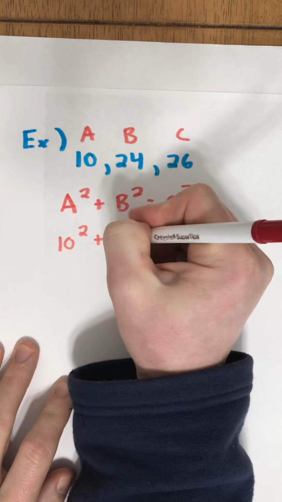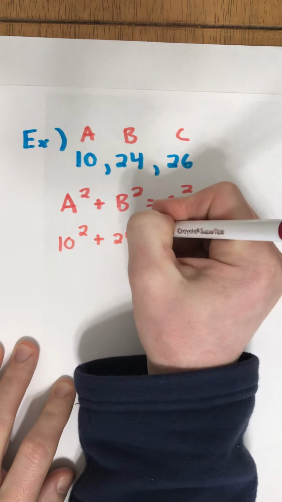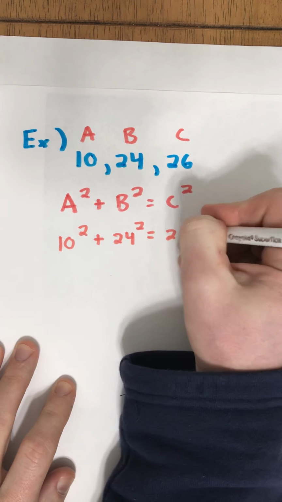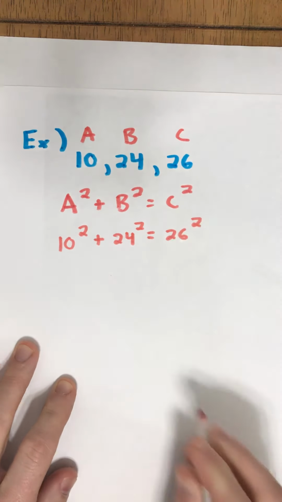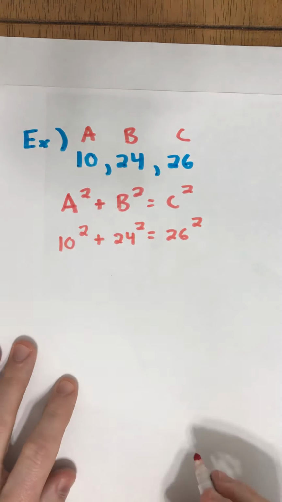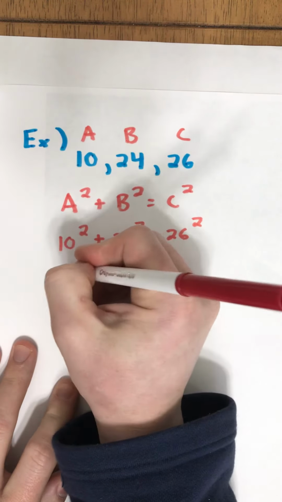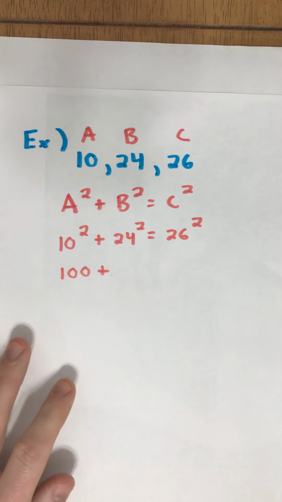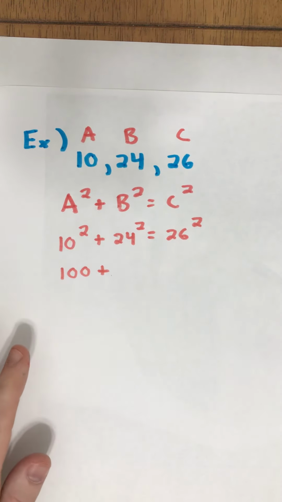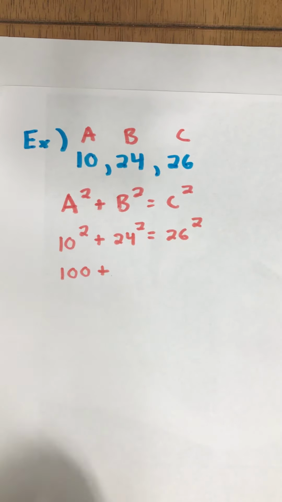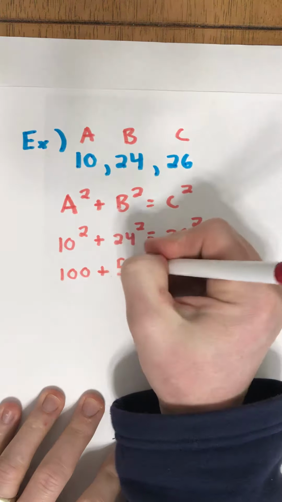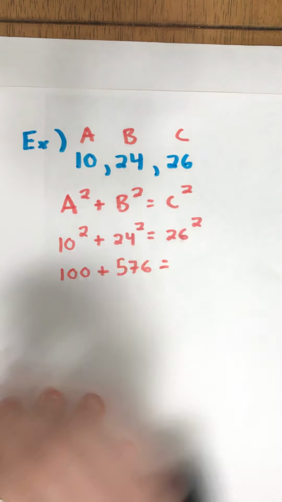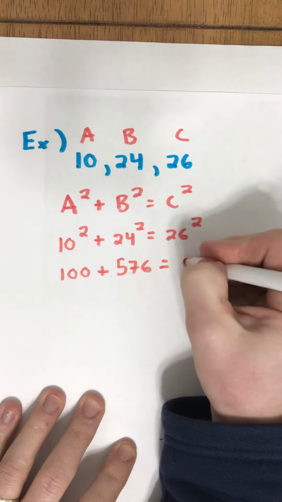I have 10 squared plus 24 squared, and I'm going to see if it equals 26 squared. 10 squared is going to be 100. 24 squared, I believe we're going to get 576, but let me double check that. Yep, so we're going to get 576.